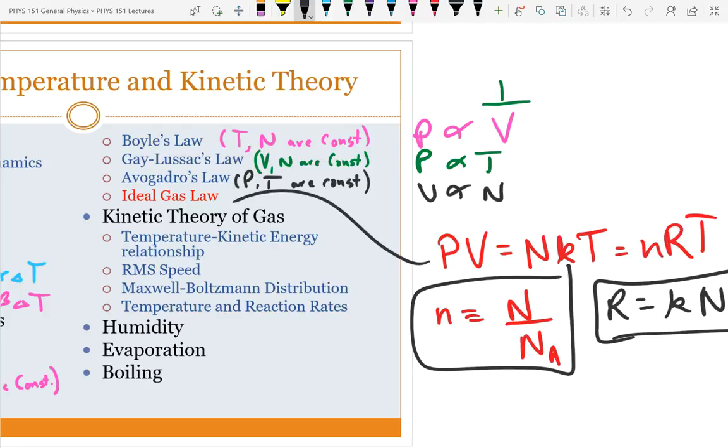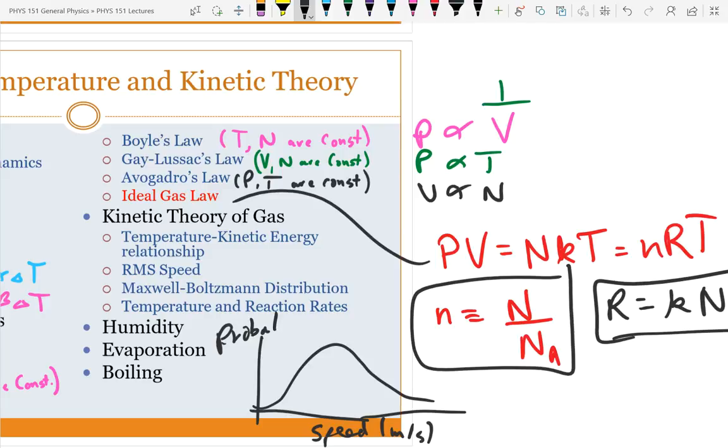Some have the RMS speed. Some are much higher than the RMS speed. And the Maxwell-Boltzmann distribution is that graph that shows you the probability of different speeds. So it has speed on this axis, and it has the probability on this axis. And there's the title.